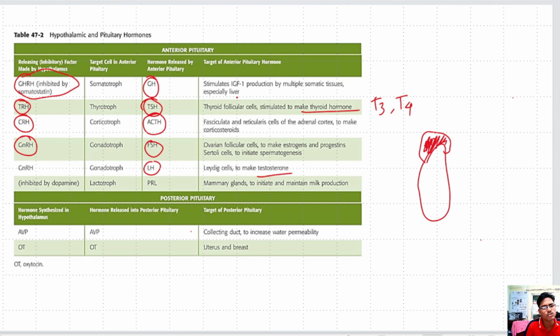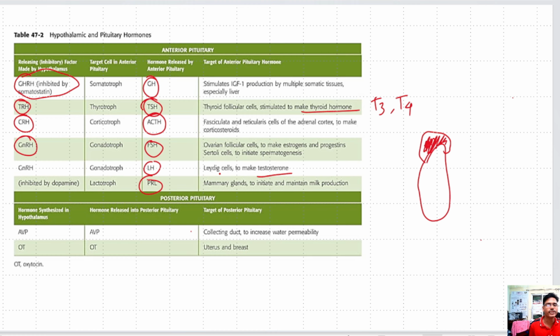Okay, now let's talk about the lactotrophs, which respond to prolactin releasing hormone. The lactotrophs act on the mammary gland to initiate and maintain milk production.